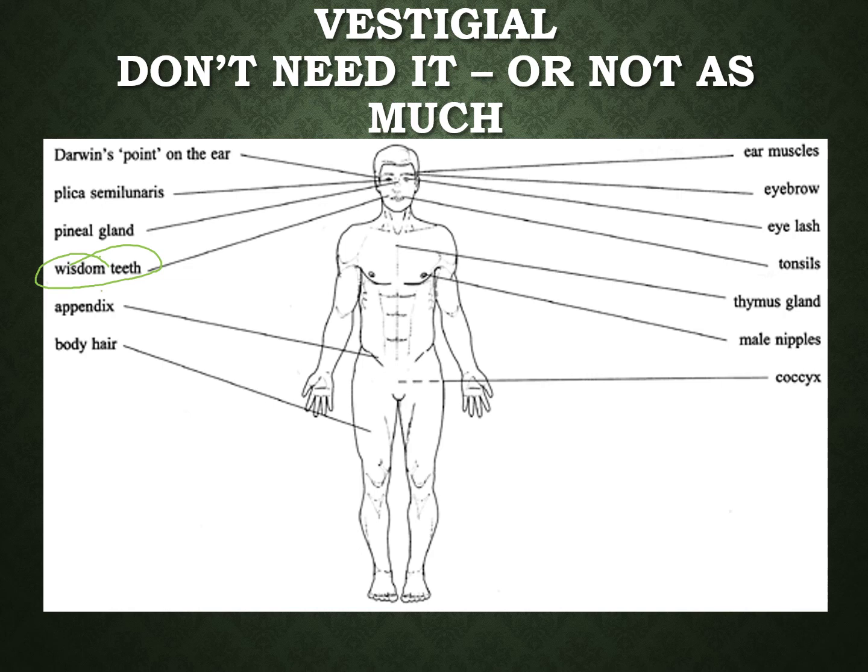I think appendices are also remnants from when our ancestors had a different diet, and I believe appendices are from when the intestines were longer. You can look at some of these other vestigial structures here.